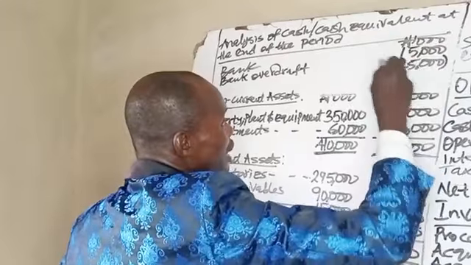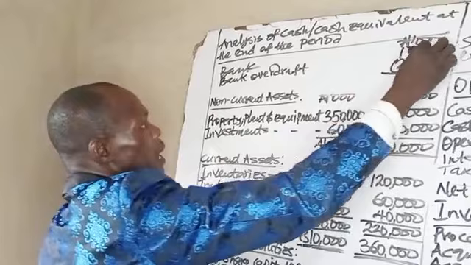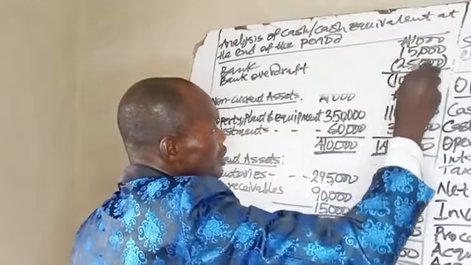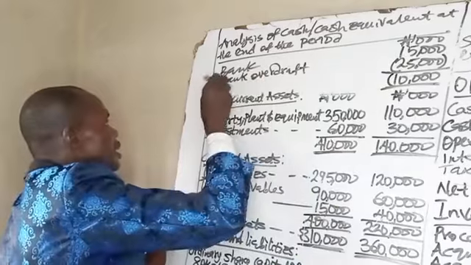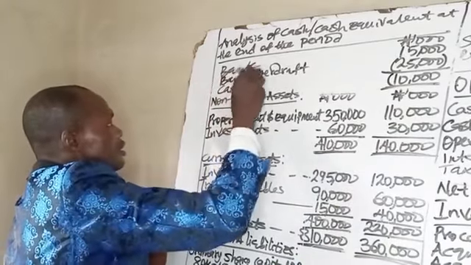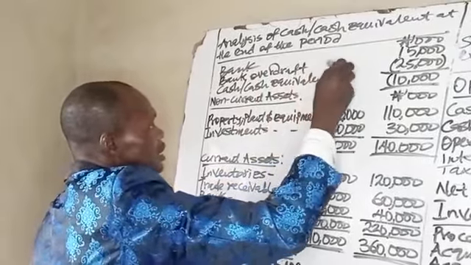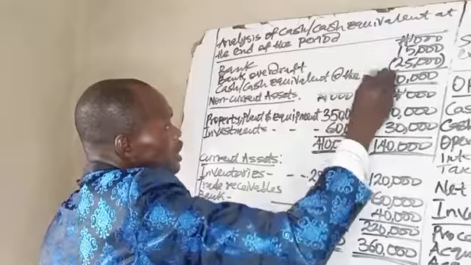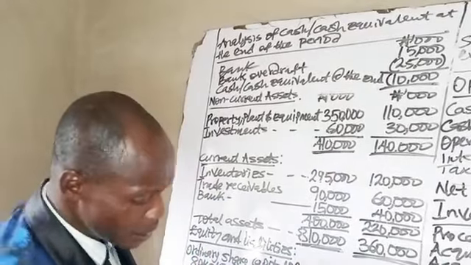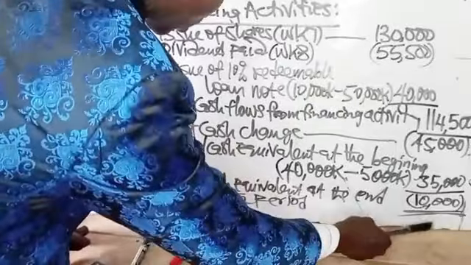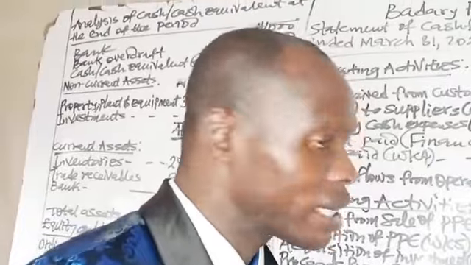The overdraft is a negative balance. Plus 15 minus 25, that will be minus 10 million. This is cash or cash equivalent at the end. If you check your closing balance from the statement of cash flows, you discover that it agrees with what was obtained. This is the solution to the first part of the question.